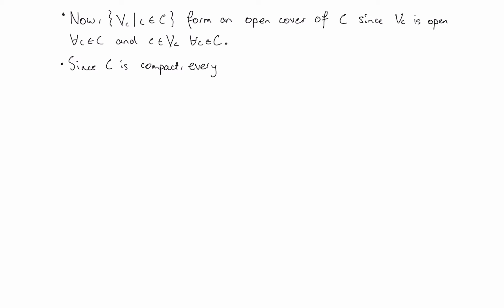Every open cover of that set admits a finite subcover. Obviously this is just a topological definition of compactness, but this is what we'll use here. So since C is compact, every open cover of C admits a finite subcover.